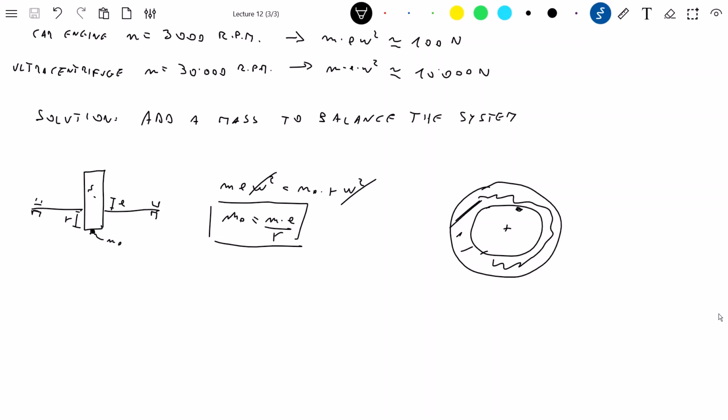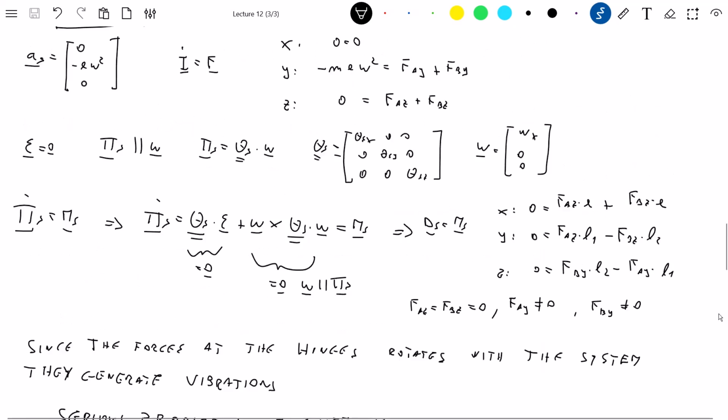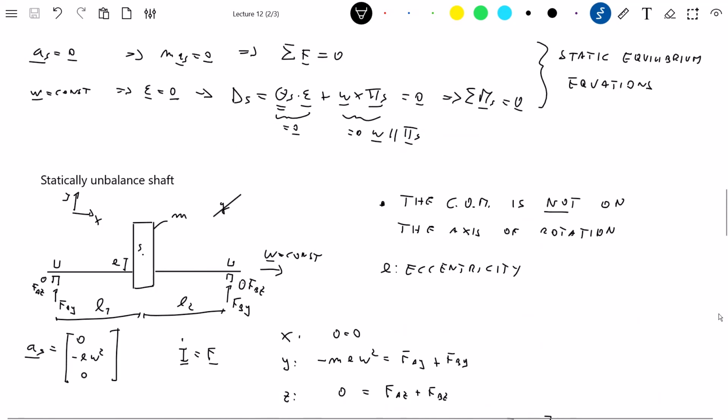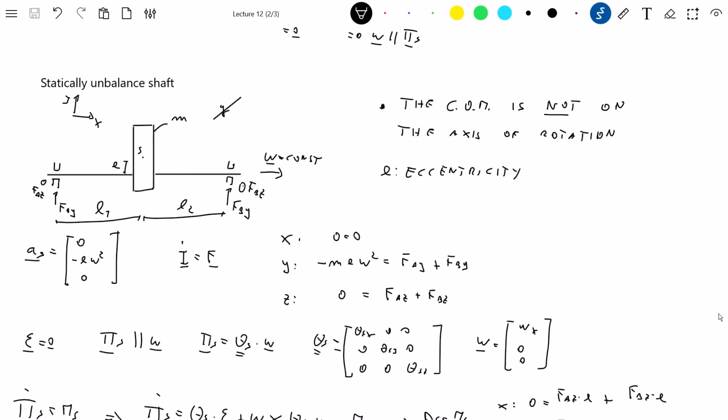So this is about the static case. This is called a statically unbalanced shaft, even though the problem is not a static problem, it is a dynamic problem, because the issue appears when it is rotating. Still it's called statically unbalanced, I think because it's related to the position of the center of mass. If you have gravity, the center of mass will go down, so the wheel will not have a specific stable position, it will be like a pendulum.